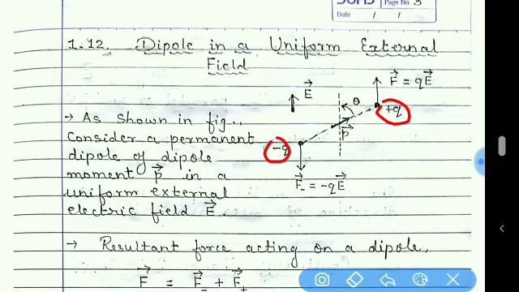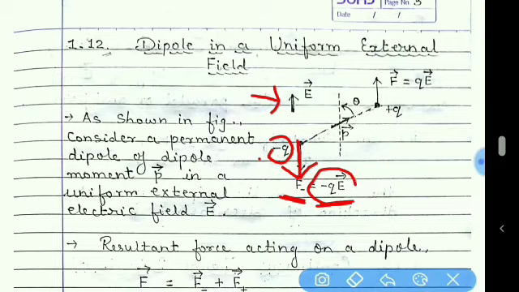We know that when any charge is placed in an electric field, a force will act. So here we will see individually that if the negative charge is in an electric field, then the force will act in the opposite direction of the electric field, and that force is given by Q into E. Here the charge is negative, so the negative sign is there.